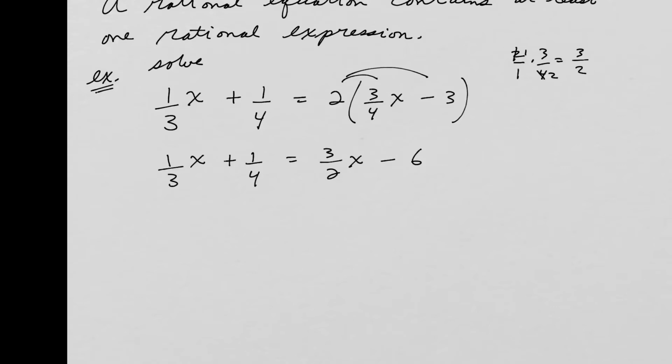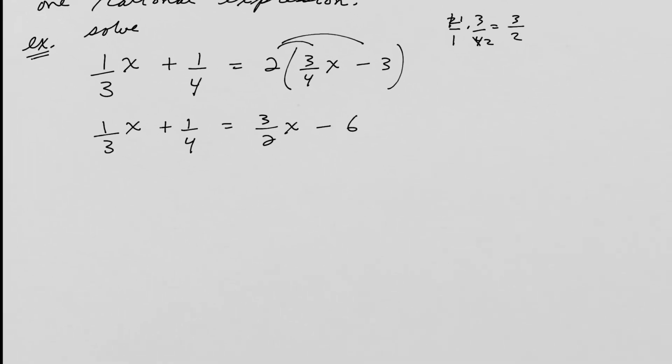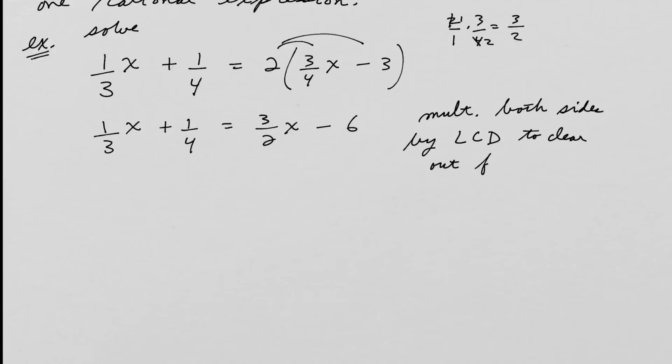So the way that you do that is you multiply both sides by the lowest common denominator, the LCD. And that will clear out the fractions.